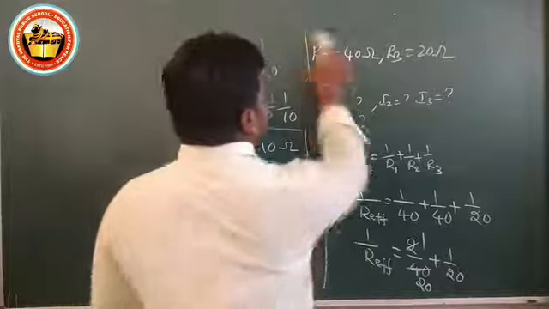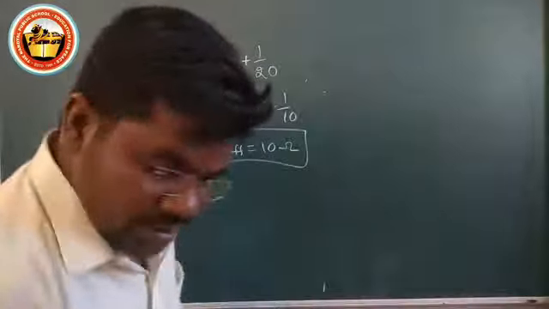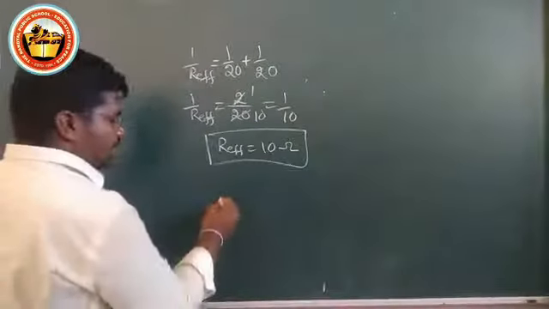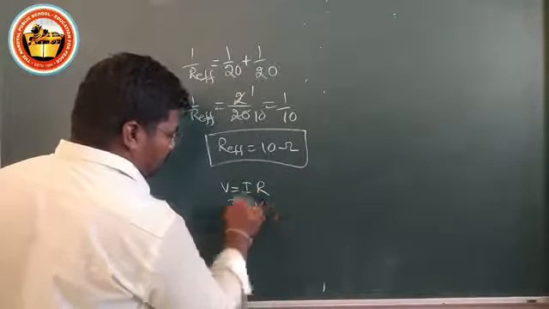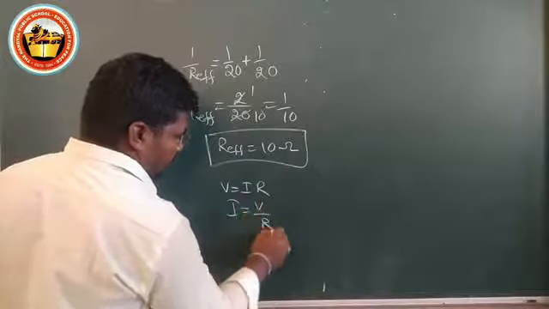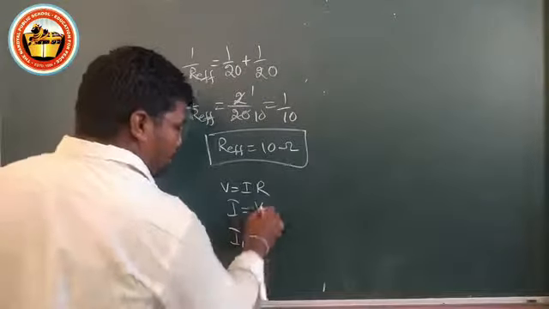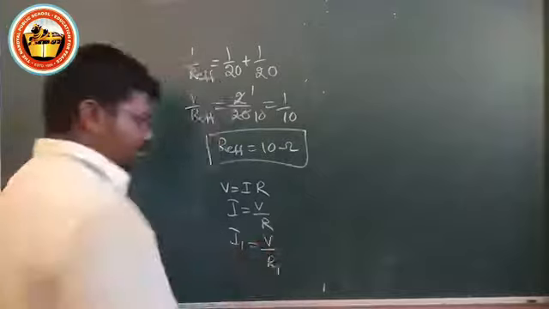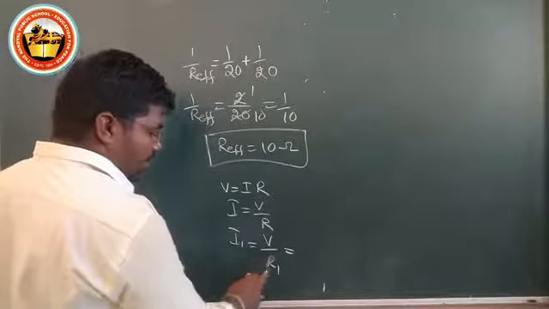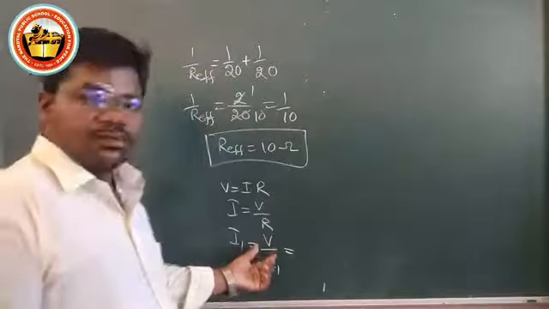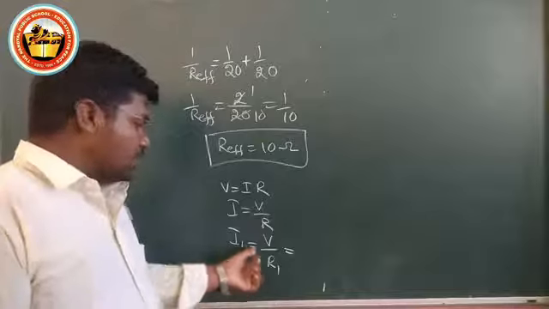Then according to Ohm's law, V is equal to IR, so I is equal to V by R. I1 is equal to V by R1, because here the battery is the same and the potential difference is the same, while the current divides.